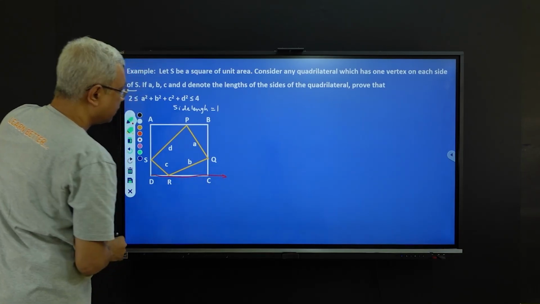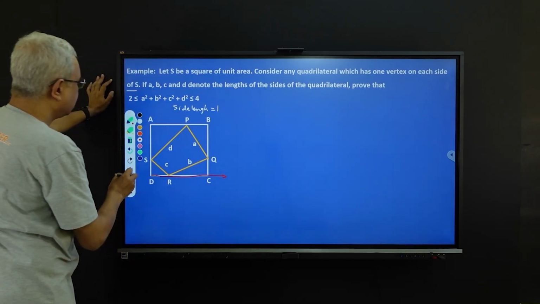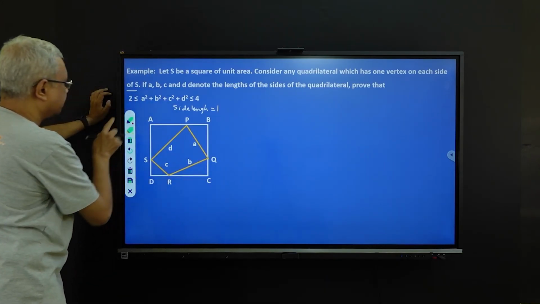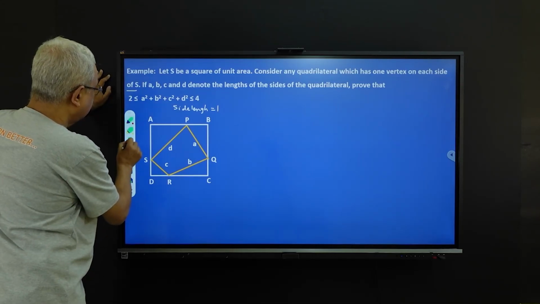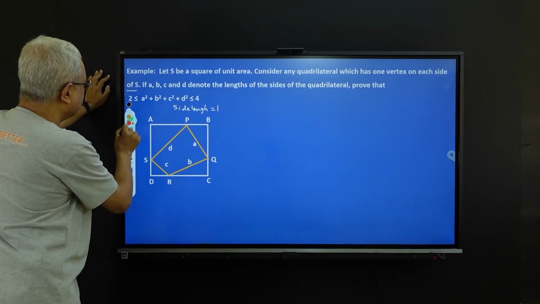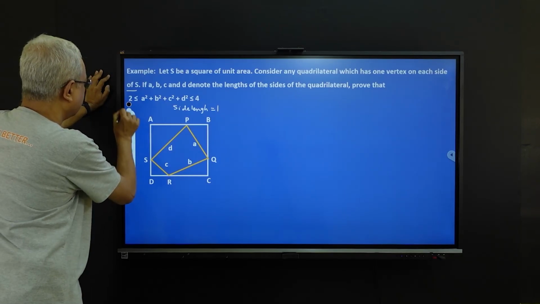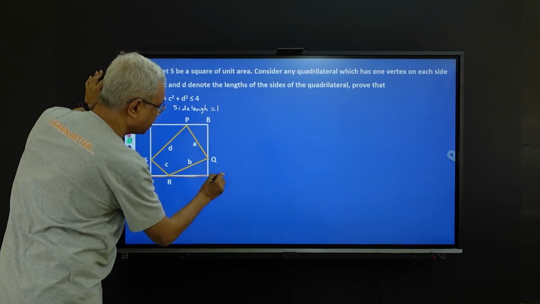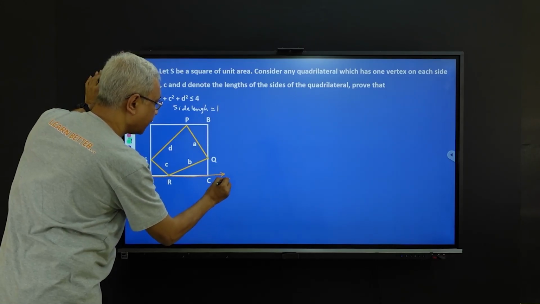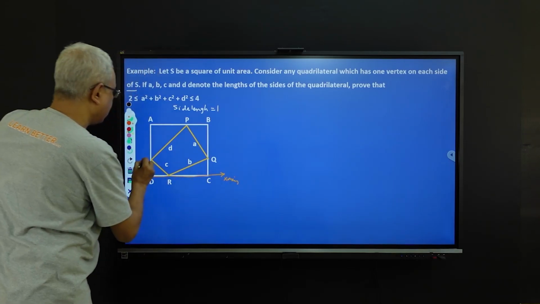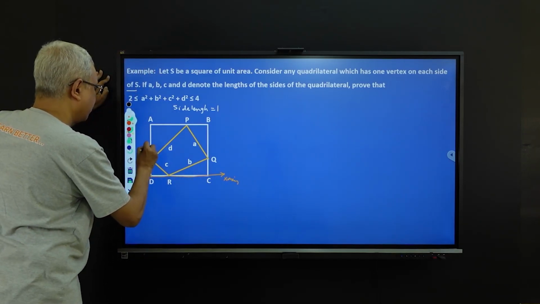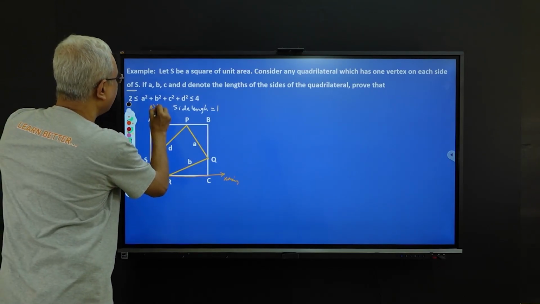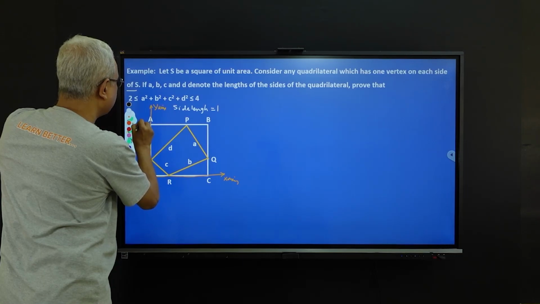This is the x-axis, and consider a coordinate system whose y-axis is like this. This is the point A actually.